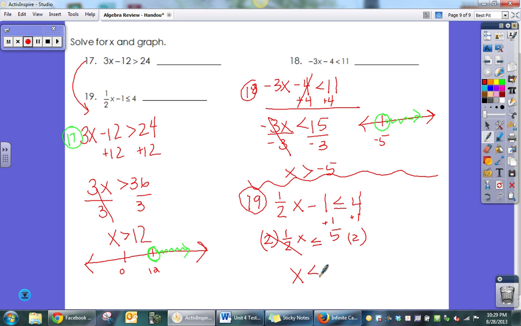X is less than or equal to 10. So I've got 0 and 10. And now since it's less than or equal to, I'm going to do a closed circle, and my arrow is going to go to the left. So the arrow to the left takes care of the less than, and then the closed circle takes care of the equal to.